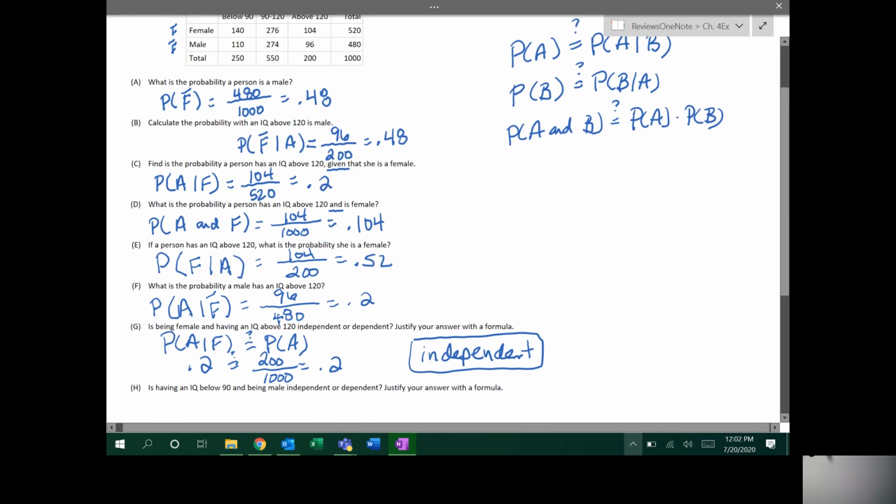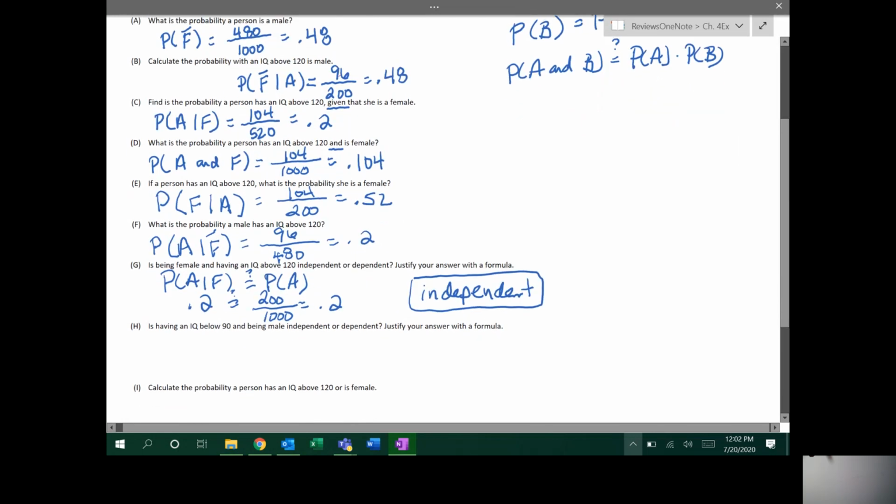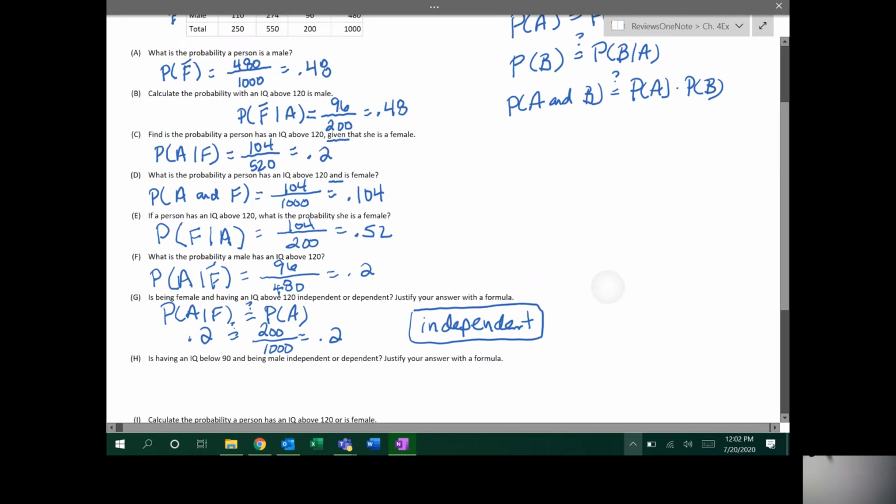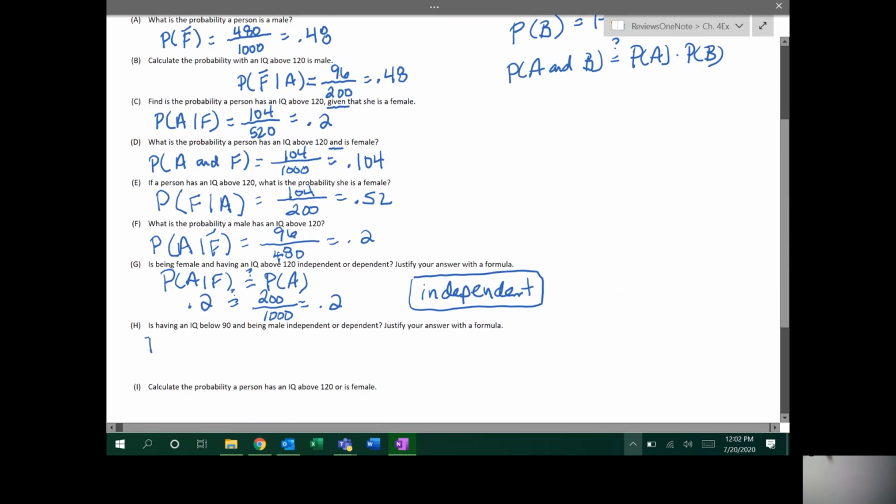We have calculated in part A the probability of F complement. So we can find out, does that equal the probability of F complement given B?